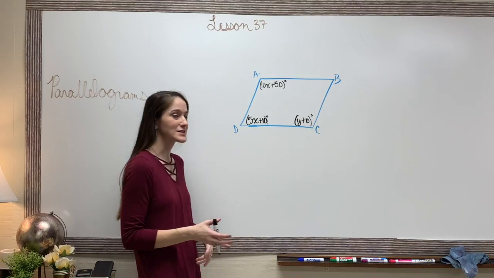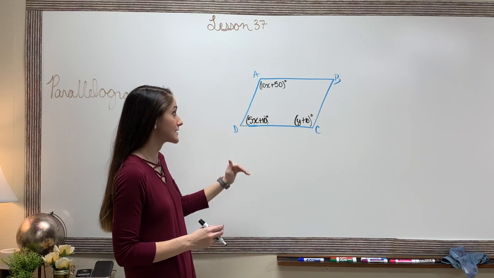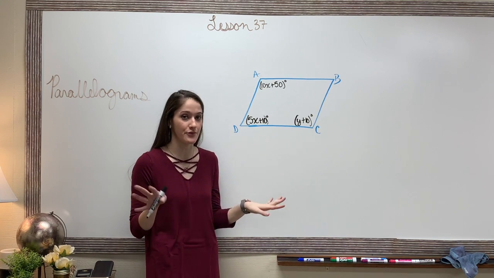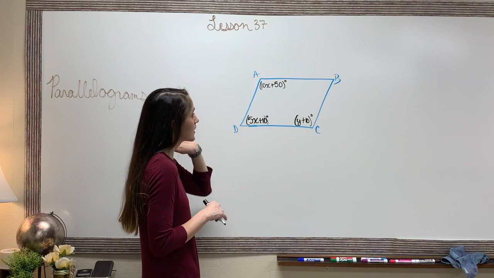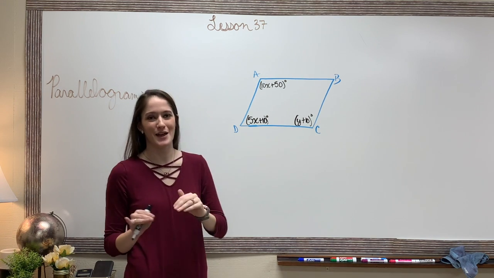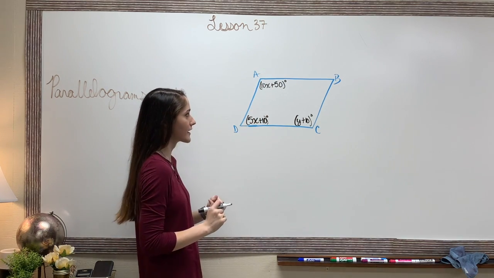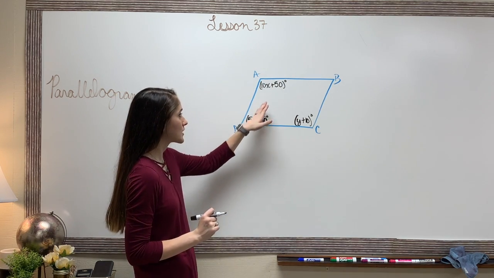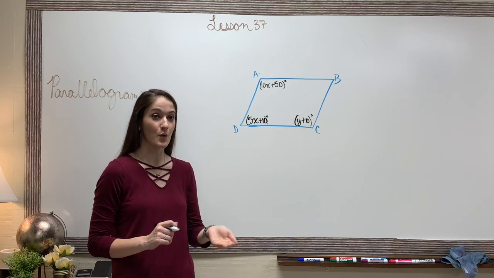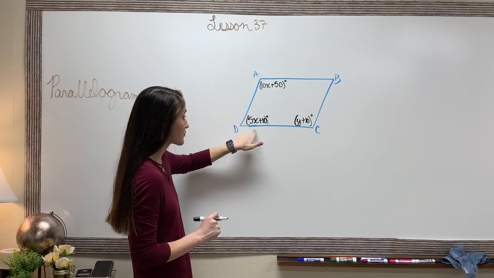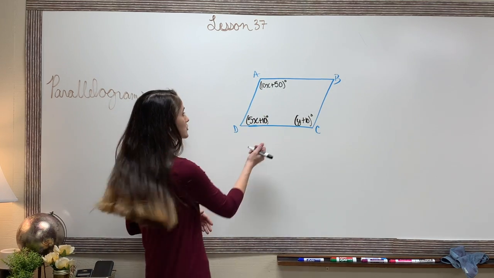In our last practice problem, working with parallelograms, they want us to solve for X and for Y. So this is going to be two different systems and equations that we're going to have to solve. So we need to find what X is first. So let's focus on these two angles, angle A and angle D. We know that both of these angles, when added together, is going to total to be 180. So I'm just going to take both of these and say angle A plus angle D is going to equal 180 degrees.